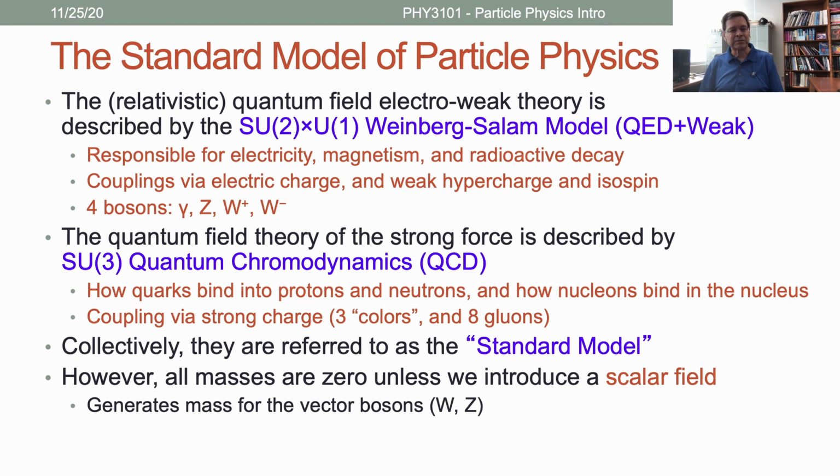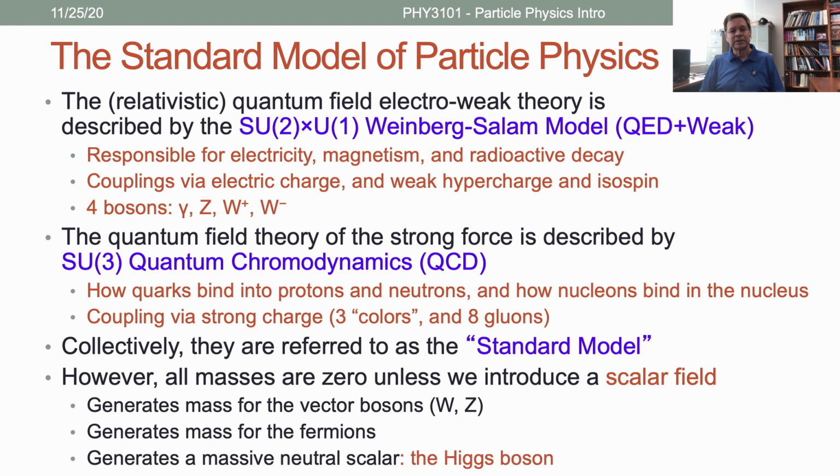So we need this scalar field. And we also need a scalar field to give mass to the fermions, that is the leptons and the quarks, because they have mass too. And that theory that allows you to do that, called the Higgs mechanism, also has as an outcome a new massive scalar particle that is called the Higgs boson. That little happy guy there on the right, right?